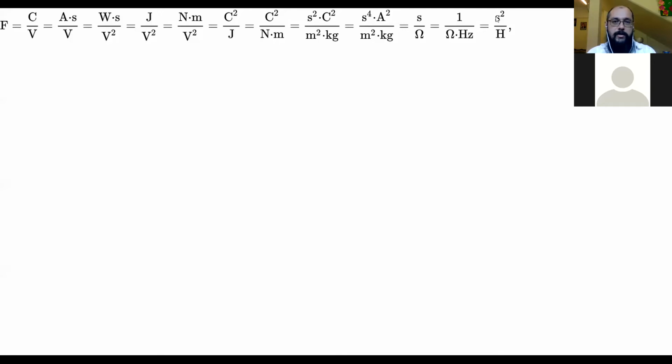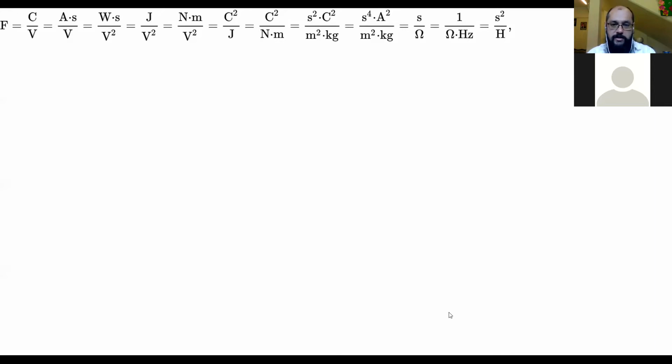These are all definitions for a farad. It's coulombs over volts. I think it's area per second over volts, work per second over volts, joules over volts squared, Newton meter over volt squared, coulomb squared over joules, coulomb squared over Newton meter.